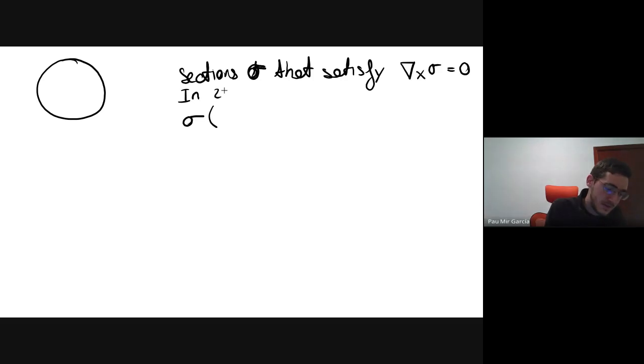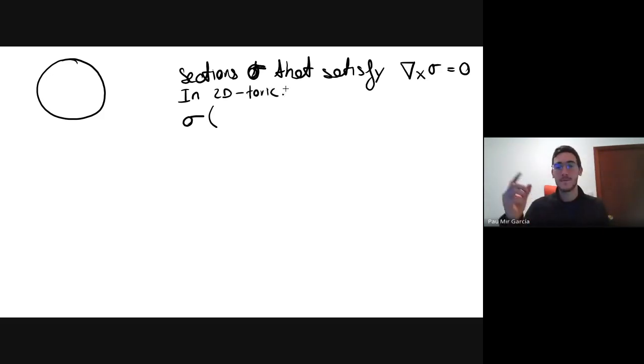For instance, in 2D, I will put myself in the toric case. I will do it in the toric case because I don't know the rest by heart, but all of them come from the toric case in 2 dimensions. So in 2D, in the toric case, basically you only have the cylinder and the sphere.